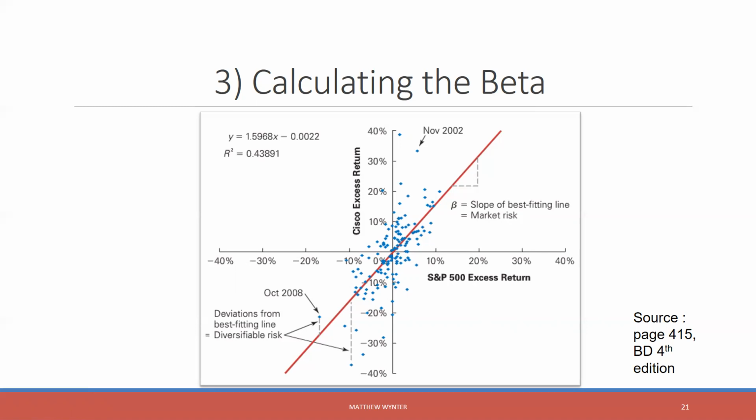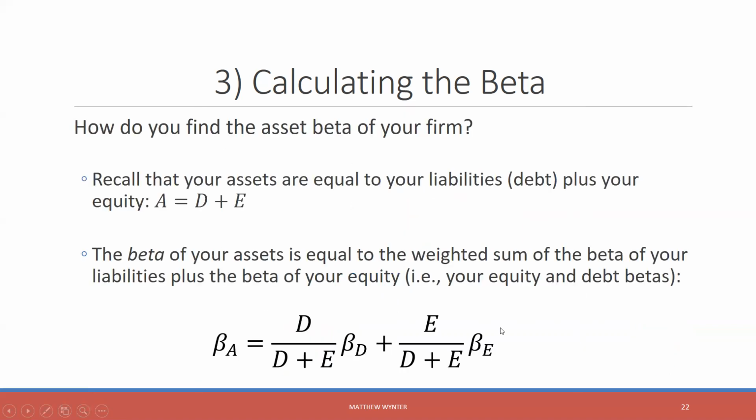The distance between that dot and the best fit line is your diversifiable risk. That is your firm-specific risk. On average, in order to estimate this equation, you have to assume that the firm-specific risk cancels out, that on average, it's going to equal 0. And again, this is pretty much the foundational idea behind our CAPM.